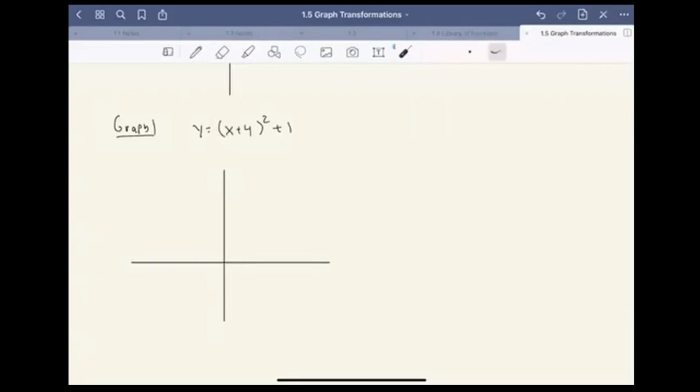So remember, that's whatever makes the x plus 4 0. One thing to keep in mind, you have to always keep in mind what is your base function. Okay. So here we know our base function is y equals x squared. Gone left 4 and up 1.